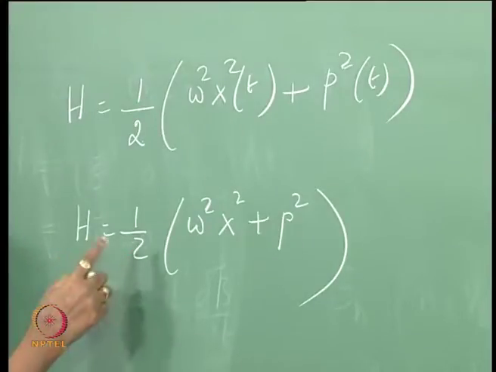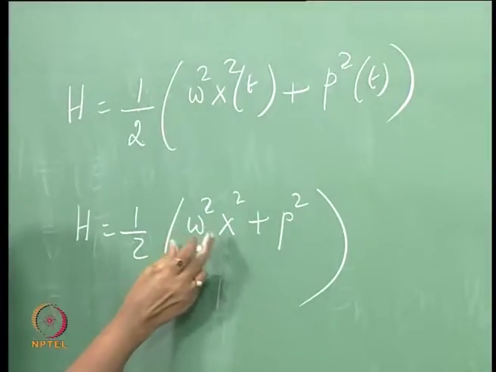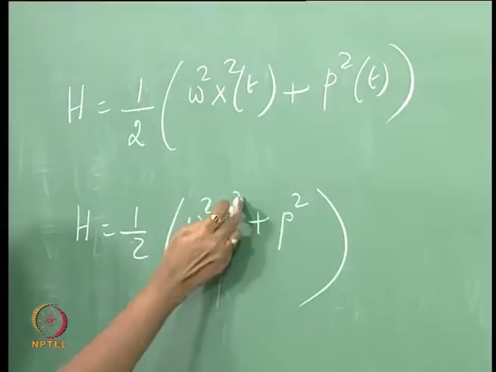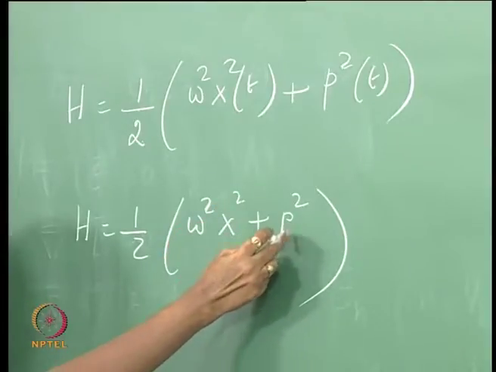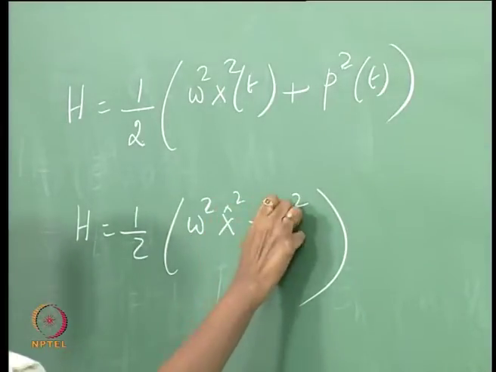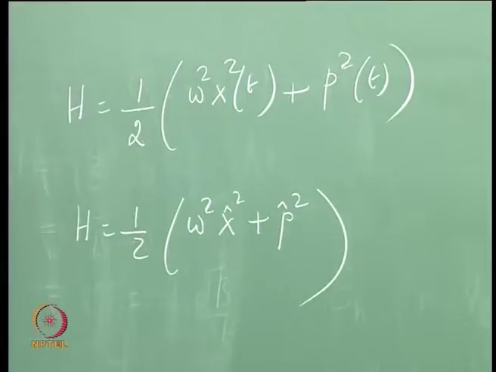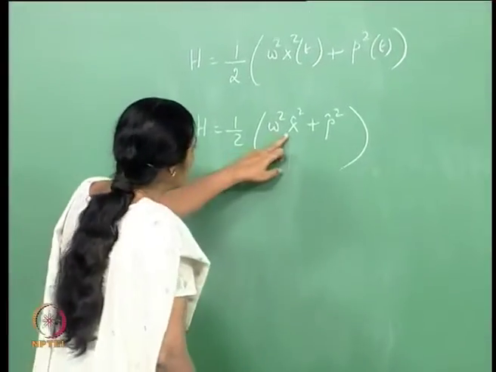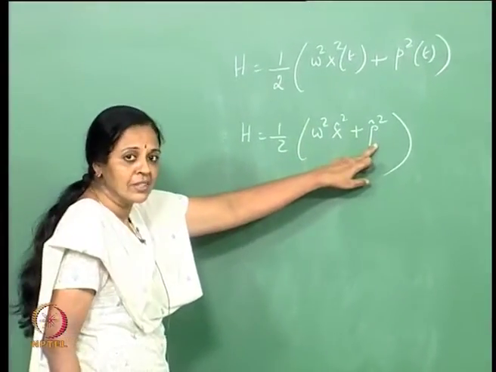And since this is the Hamiltonian for the electromagnetic field, you can trace this term back to the electric field E squared, and this term to the magnetic field B squared, and the electric and the magnetic field are the observables. The operators in this case are x and p. Not to be confused with position and linear momentum, because this has to do with the electric field and this has to do with the magnetic field.